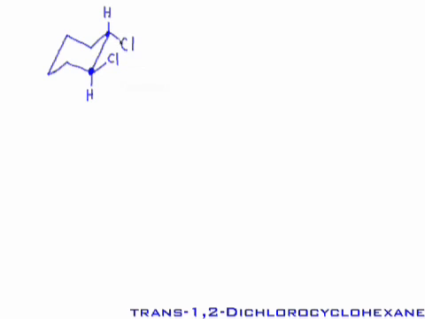If you like, in terms of the chair, chlorine pointed down and chlorine pointed up are opposite. And opposite is trans. So this looks like trans-1,2-dichlorocyclohexane.